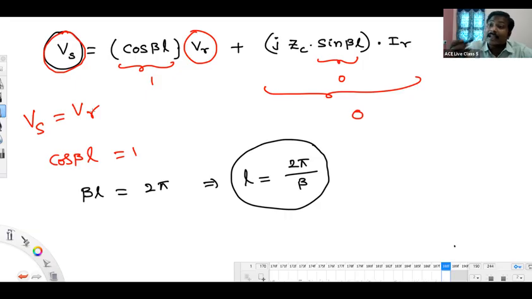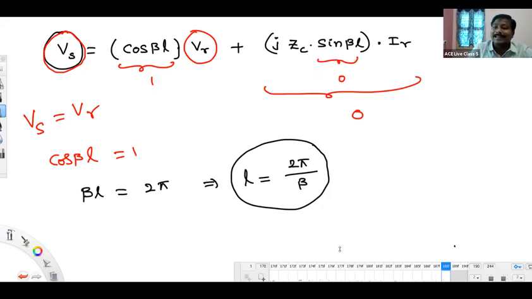For what length of transmission line is this happening? 2 pi by beta. This we are going to name as the wavelength of the transmission line. Okay, so all of you getting this word? Wavelength of transmission line.